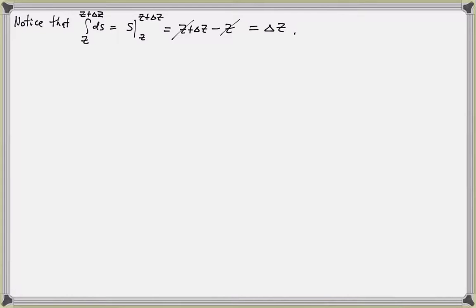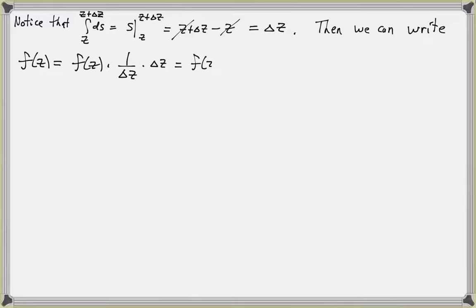So I'm establishing this fact so I can write delta z as an integral from z to z plus delta z. Then we can write little f of z as f of z times 1 over delta z times delta z.